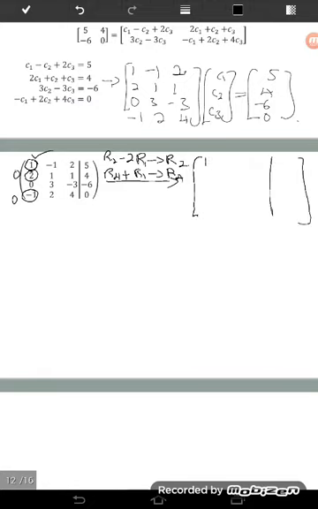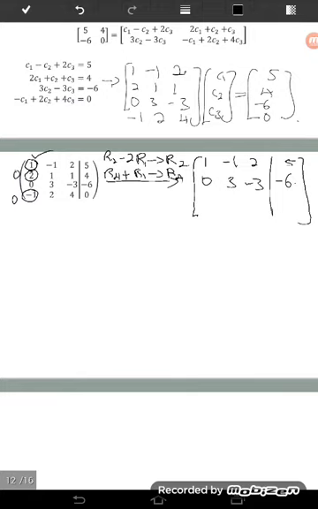So we have here the first row didn't change, so 1, -1, 2, 5. And then here 2 minus 2 times 1 is 0. Then 1 minus 2 times -1, so 1 plus 2, which is 3. Then 1 minus 2 times 2, so 1 minus 4, which is -3. And then 4 minus 2 times 5, so 4 minus 10, which is -6.